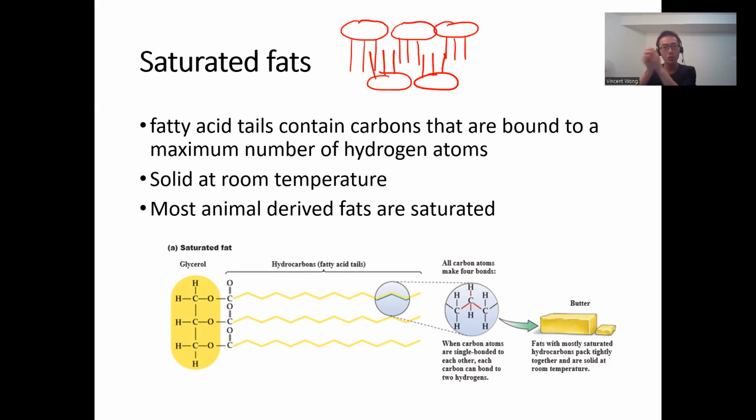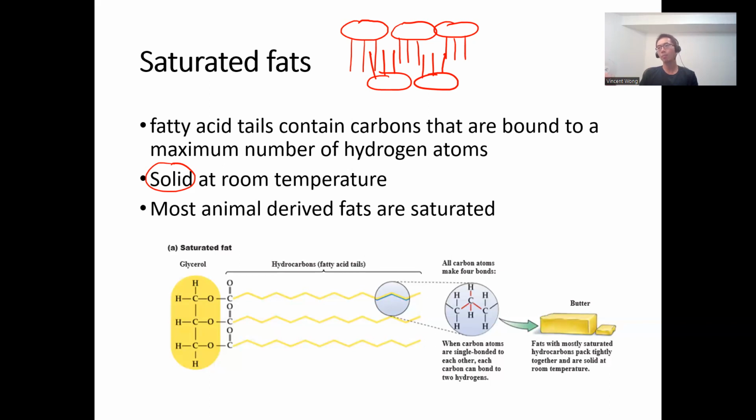They can get really close to each other without problem, right? Imagine I asked all of you to line up at the front of the classroom. If you keep your hands straight down, you can stand next to each other very, very tightly, right? No problem, right? So for that reason, saturated fat tends to pack closely, and therefore they are solid at room temperature. Most animal-derived fats are saturated. If it comes from an animal source, it's most likely a saturated fat.